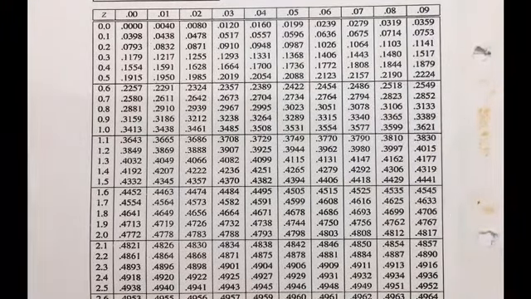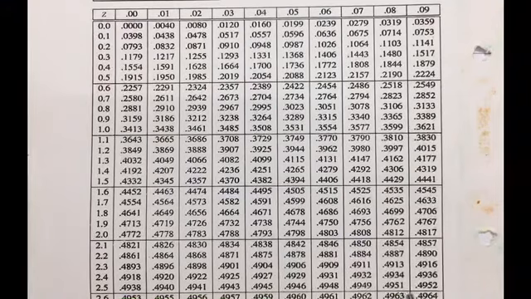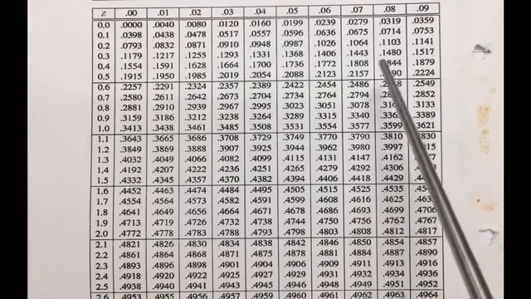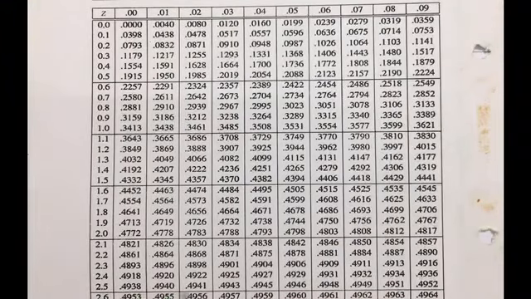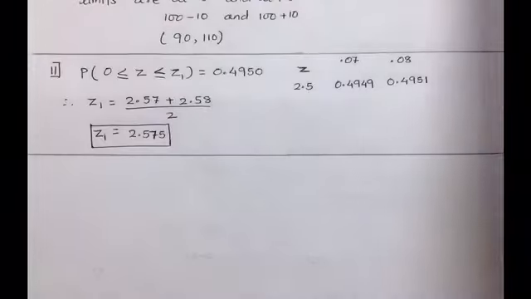So we take 2.57 and 2.58 and take the average, because 0.4950 lies between 0.4949 and 0.4951. So taking both the values 2.57 and 2.58, we take the average of both.